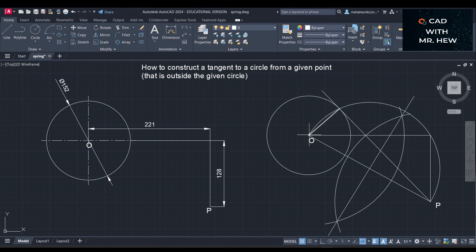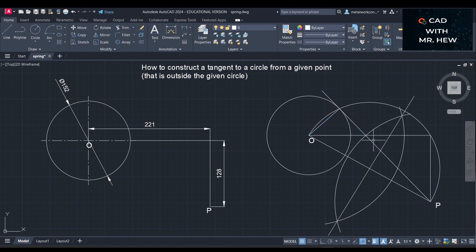The normal is going from O to the intersection of the semicircle. As I said, the normal is a line from the intersection of the semicircle where it intersects the circle. And then a line drawn from P, which is a point outside the circle in this instance, to the end where the normal intersects the circle, this would be the tangent.